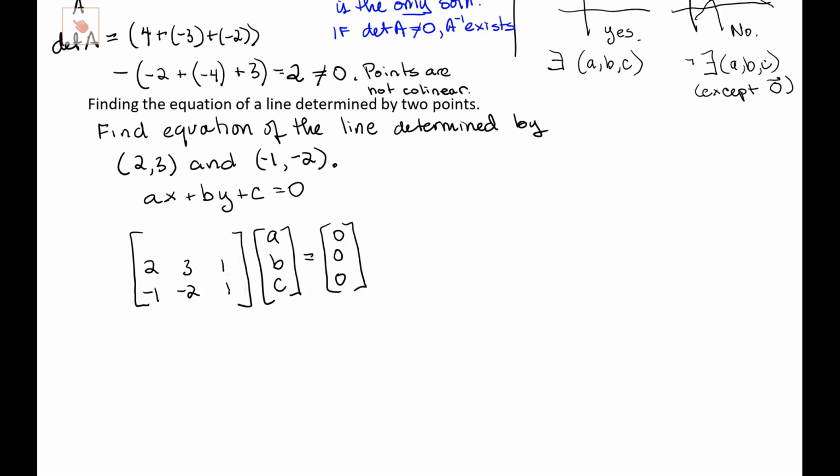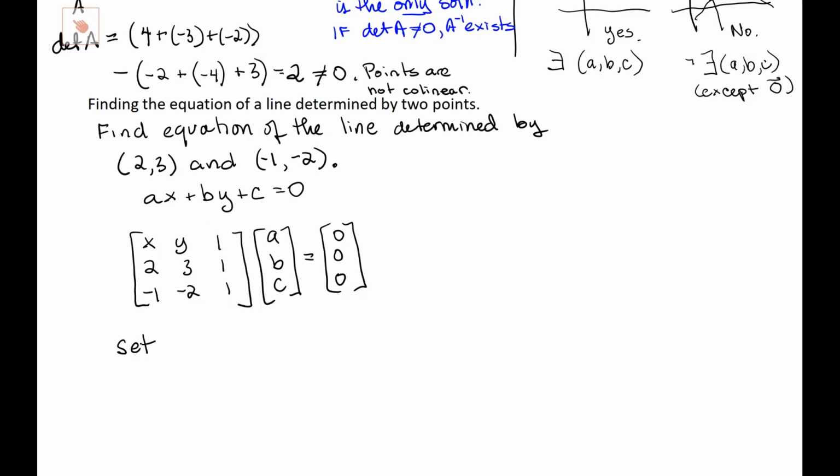But we want an equation, so we're going to leave this first point as undetermined. To get a non-trivial a, b, and c to be the coefficients in this expression, we need to make sure that this determinant is equal to 0. We need to make sure that the determinant of this matrix is equal to 0. So that's what we're going to do.